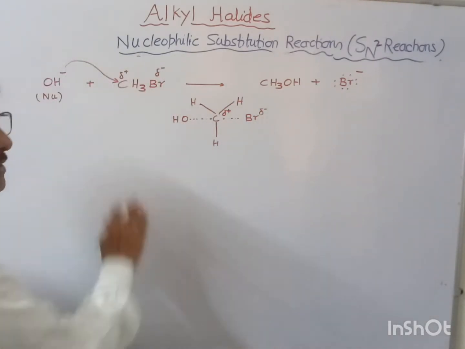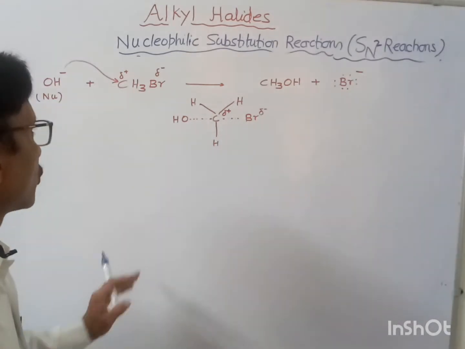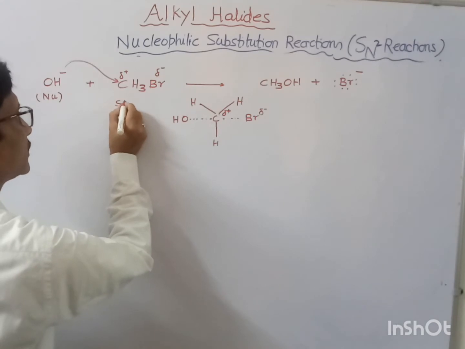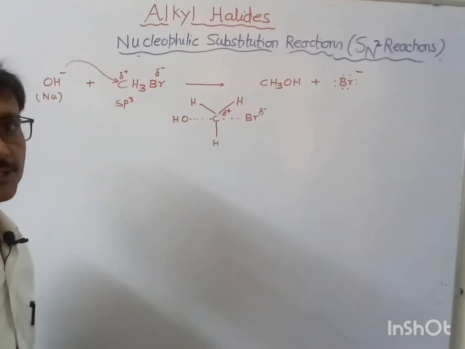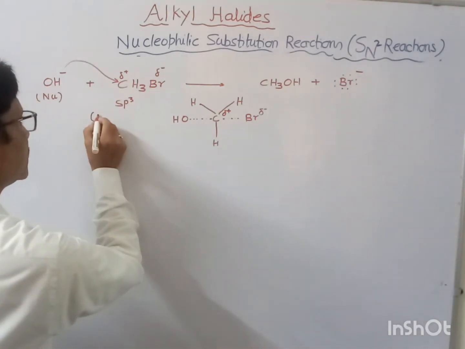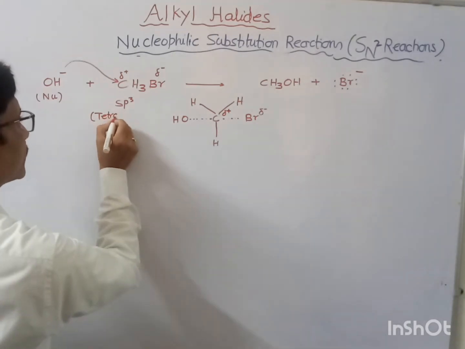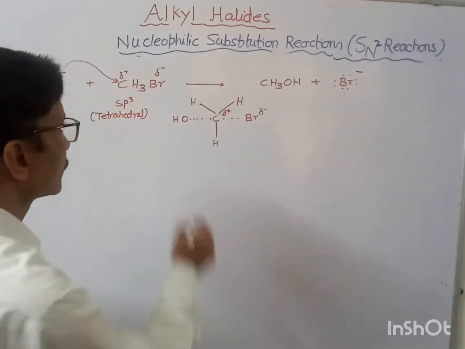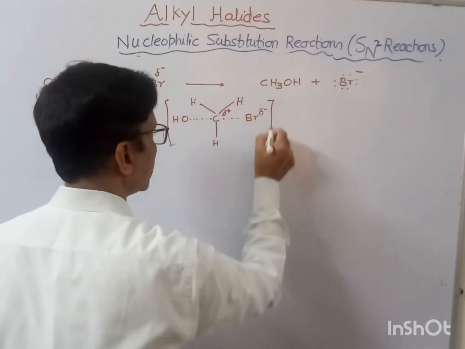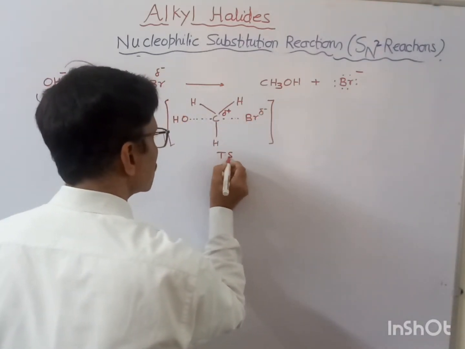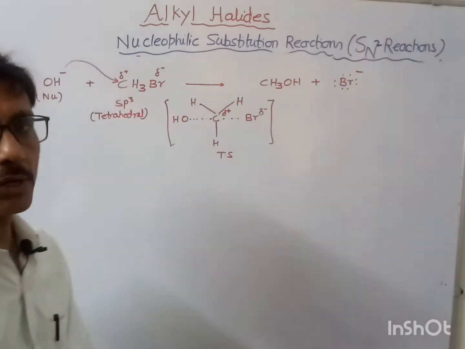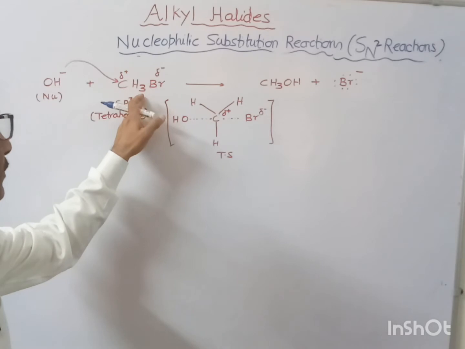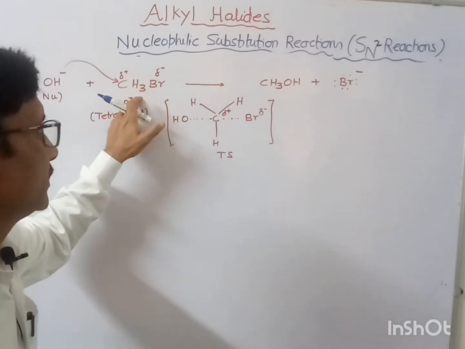Now if you see, this methyl bromide is sp3 hybridized. This carbon has sp3 hybridization and is tetrahedral in shape, which is 4 coordinated.